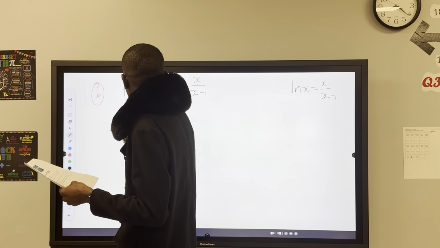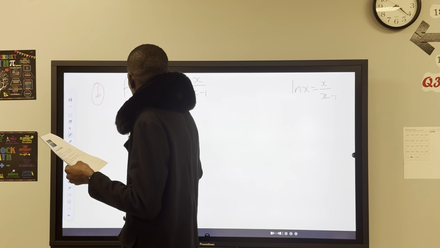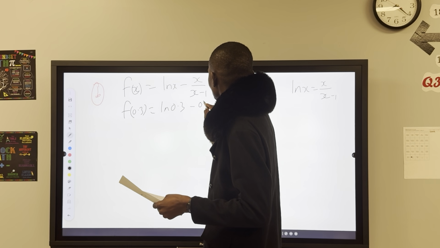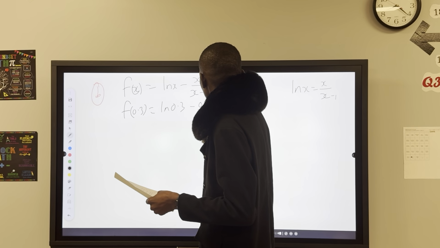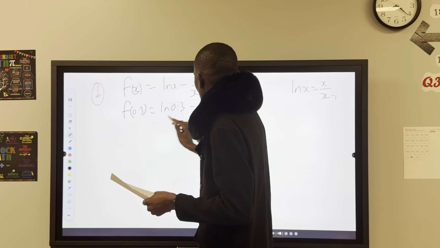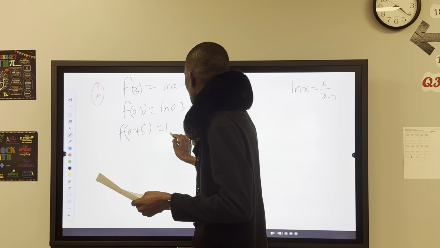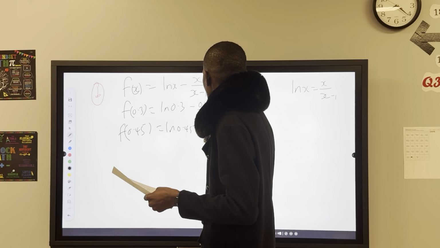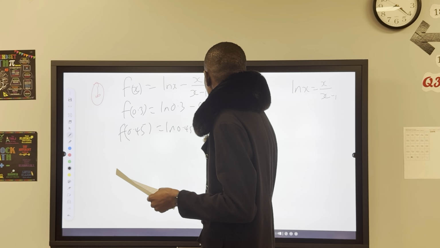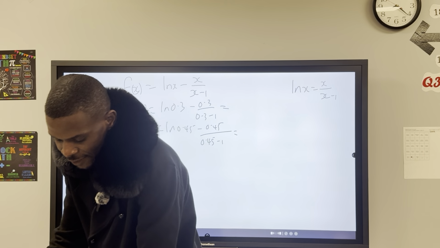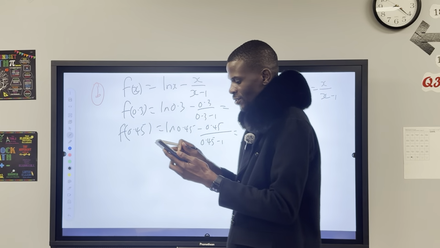Now we want to calculate f of 0.3, meaning to say we are going to plug in 0.3 here. Then we are going to plug in 0.45. Whatever we get. Okay, so let's quickly do this.